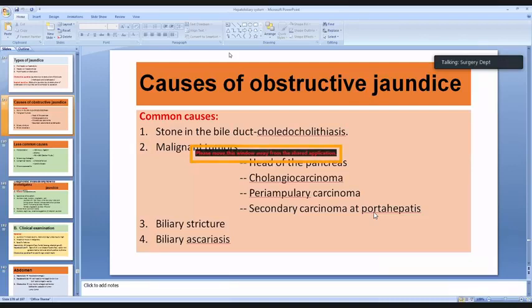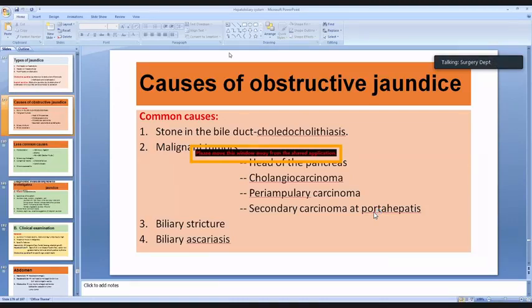Now we can say there are common causes of obstructive jaundice or surgical jaundice. One of the very common causes, already mentioned, is stone in the bile duct, or we call it choledocholithiasis. If there is formation of a stone in the bile duct, that is called choledocholithiasis, and it produces obstructive jaundice.